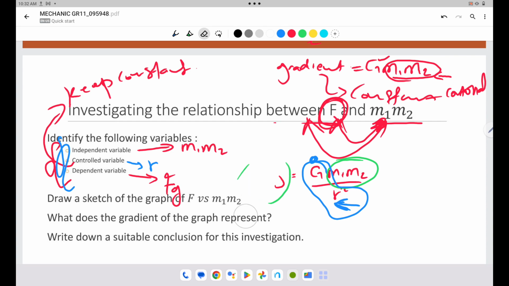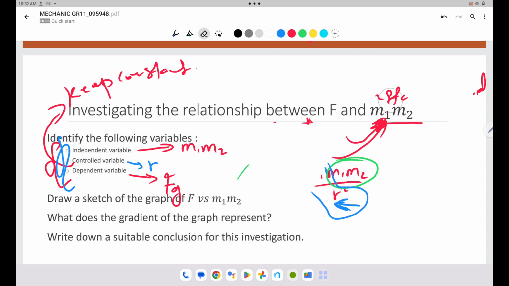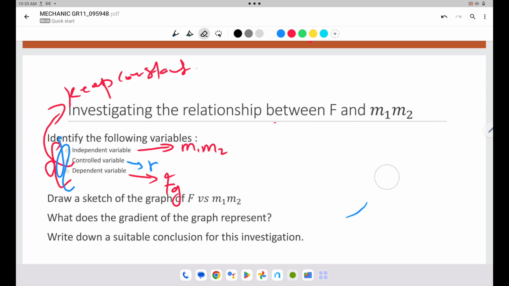Okay. And I also mentioned that we need to be able to write down the aim. What is the aim? The aim is the goal. It's what we are trying to accomplish. What are we trying to do here? We are trying to investigate the relationship between two variables.